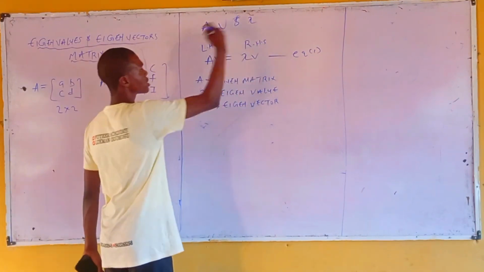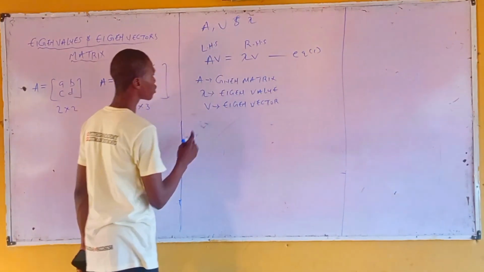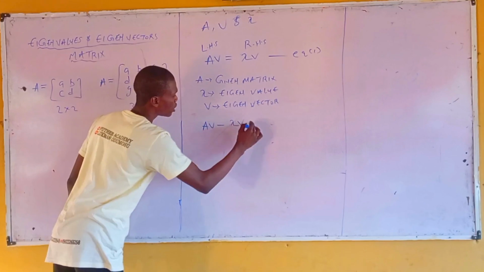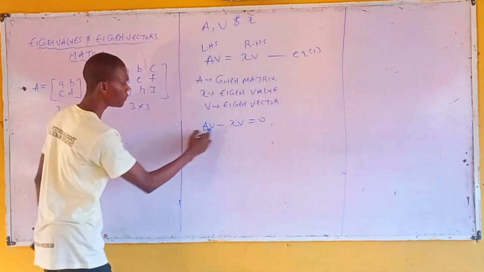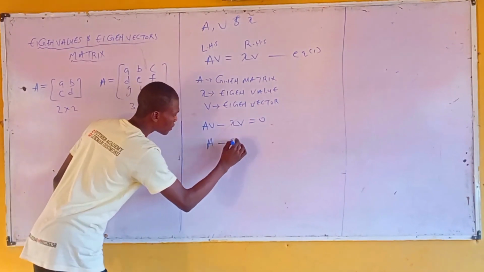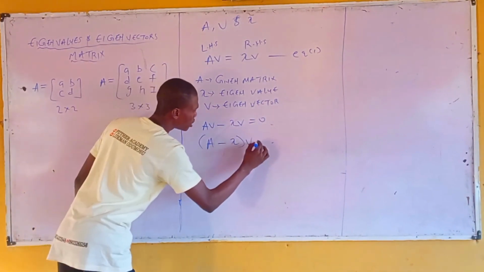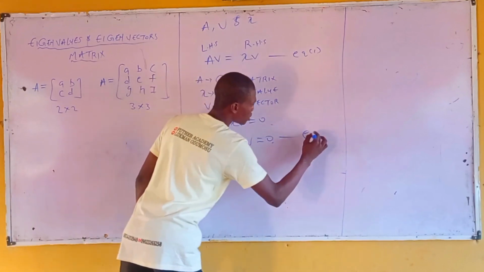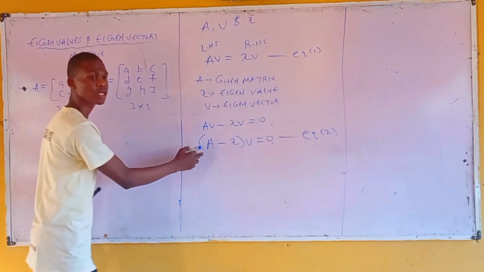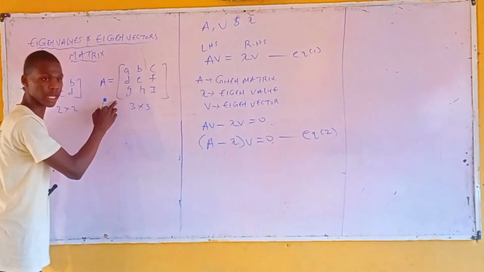Let's bring the right hand side to the left hand side. Equation 1 becomes AV minus lambda V equals 0. Observe, V is common, factorize. That is, (A minus lambda) V equals 0. Call this equation 2.